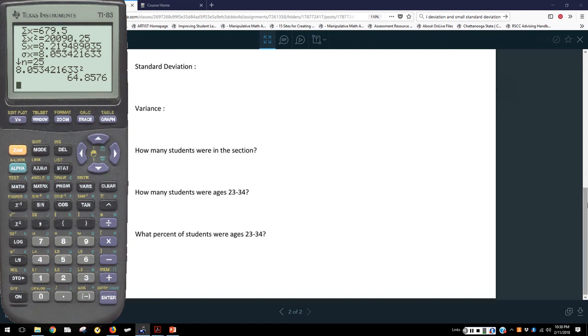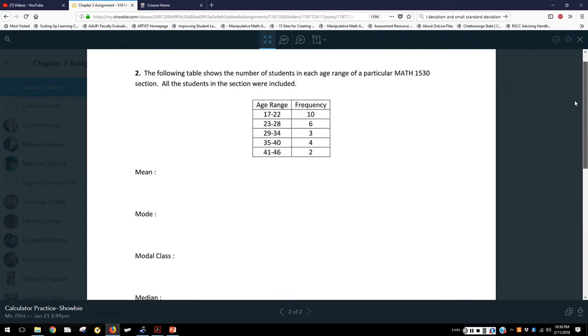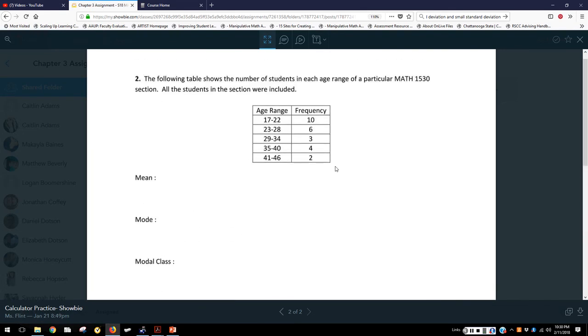How many of the students were 23 to 34? Well, 23-year-olds were in this group. 34-year-old students were in this group. So we have a total of 9 students from the ages of 23 to 34.